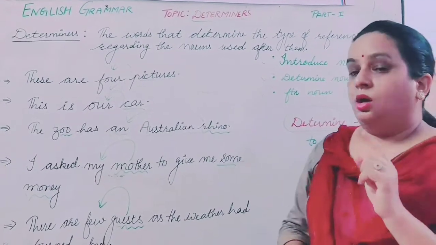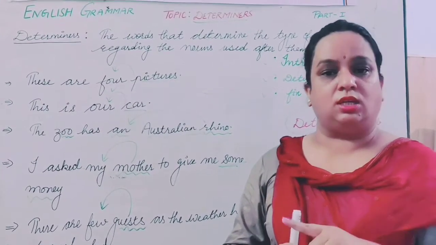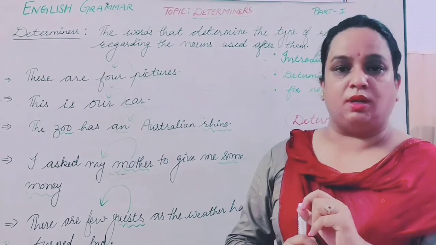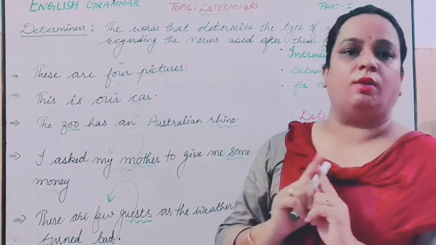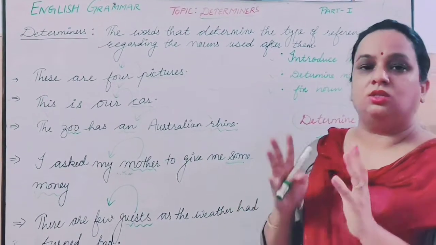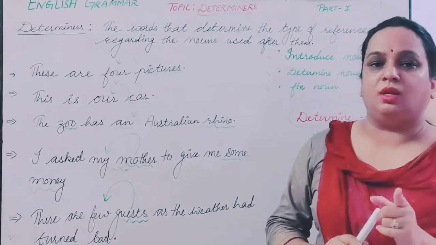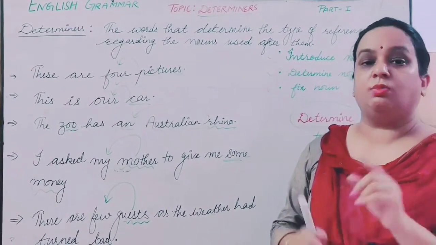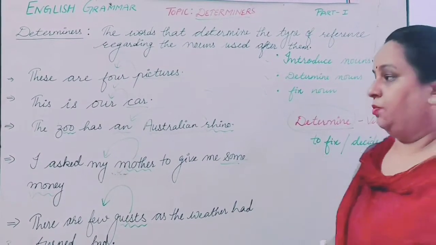Now I can say this: all the determiners are adjectives, but all the adjectives cannot be determiners. This you have to keep in mind. That is a general difference between both of them. Now see how.